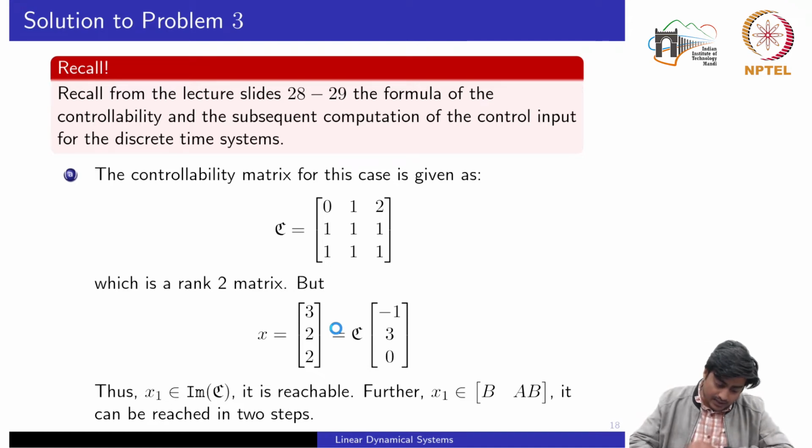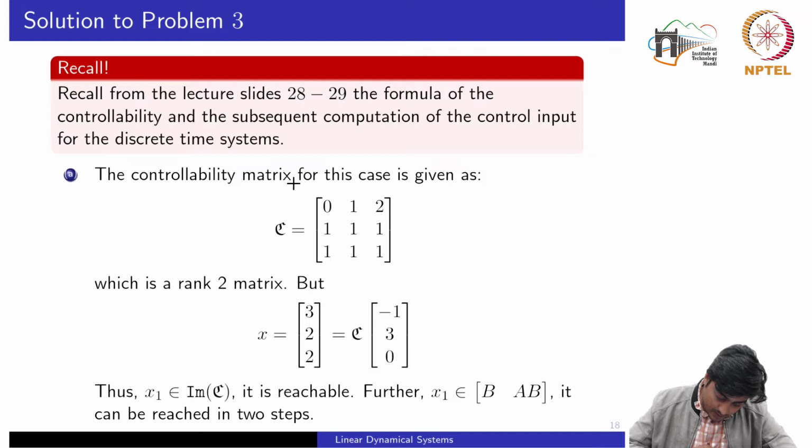If you recall from lecture slides number 28 to 29, you can directly use the controllability test as a rank test to determine whether the system is controllable or not. But at the same time, you need to recall that for the continuous time system, the concepts of reachability and controllability coincide, but for the discrete time system, they may or may not.